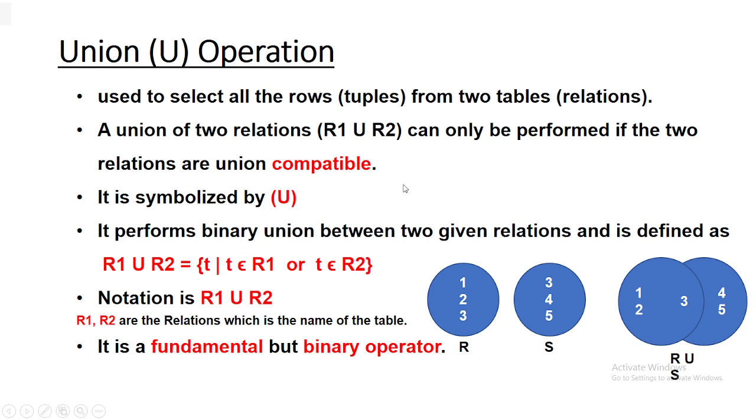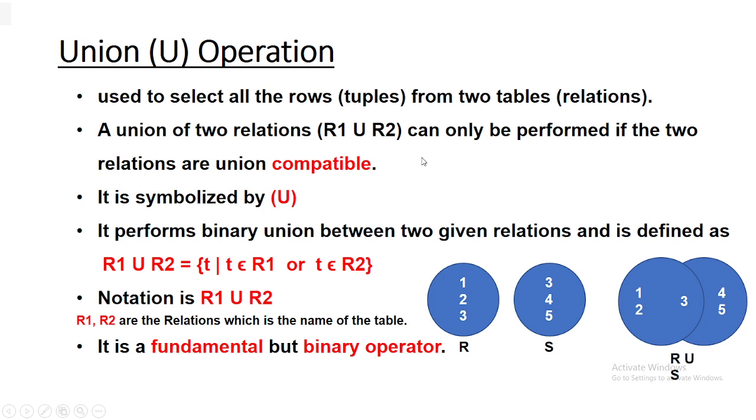Those two relations R1 and R2 must have the same number of attributes, which is also known as the degree of relations. Degree of relation is nothing but the number of attributes or columns each table has. So both relations should have an equal number of columns or attributes.